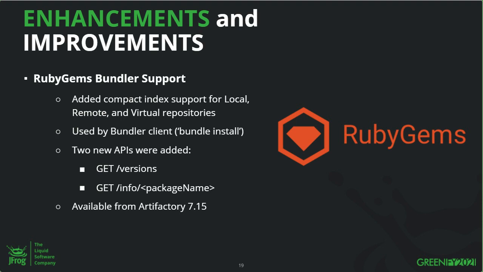We actually rewrote the index of the Ruby gems repositories, the three of them, of course, remote, local, and virtual, to support compact index for all three repositories, providing you with the latest versions of packages that are compatible with your installed Ruby version and your project.